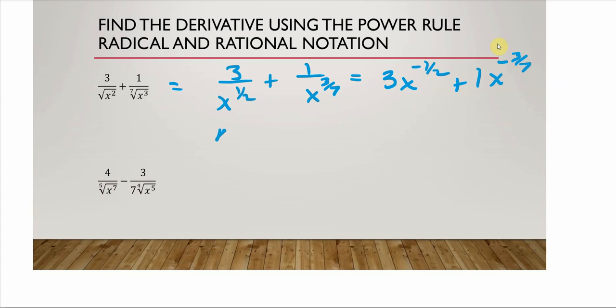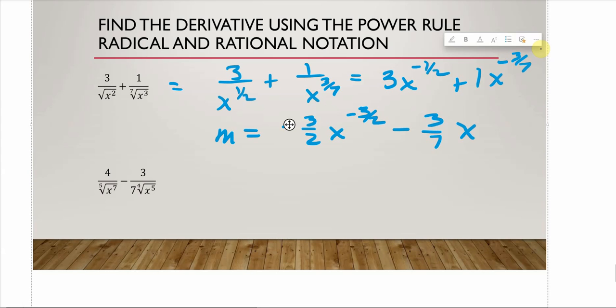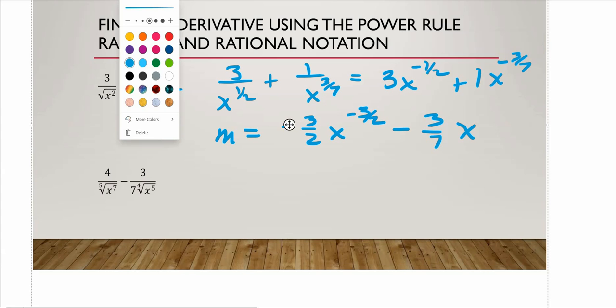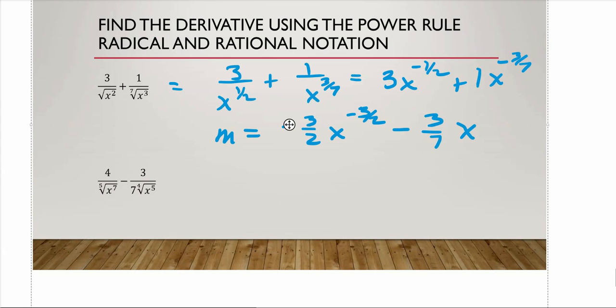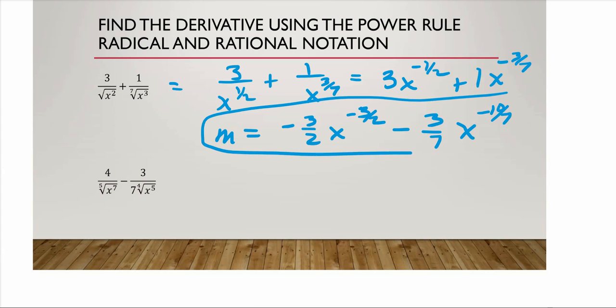And now I'm about to take the derivative. The derivative of that is going to be negative 3/2 x to the negative 1 minus 2, which is negative 3/2, minus 3/7 x to the negative 3 minus 7, which is going to give me negative 10/7. And this is my answer for the derivative.